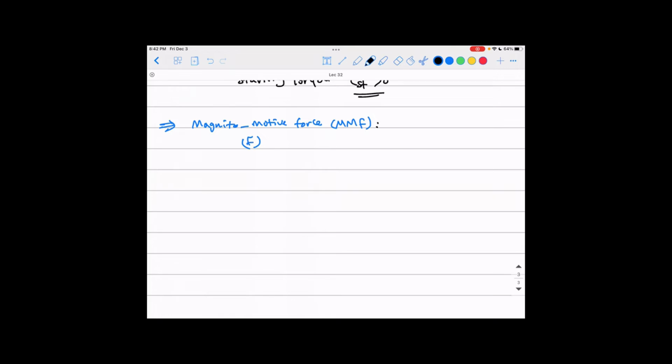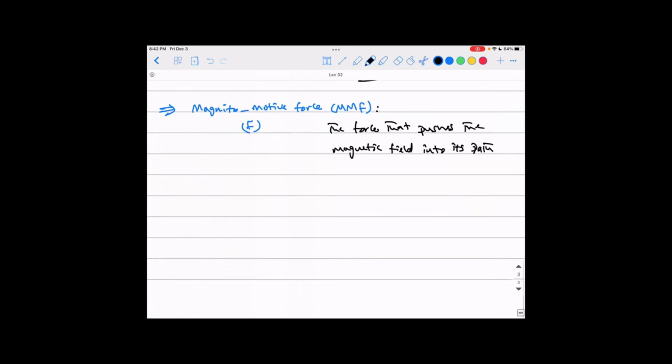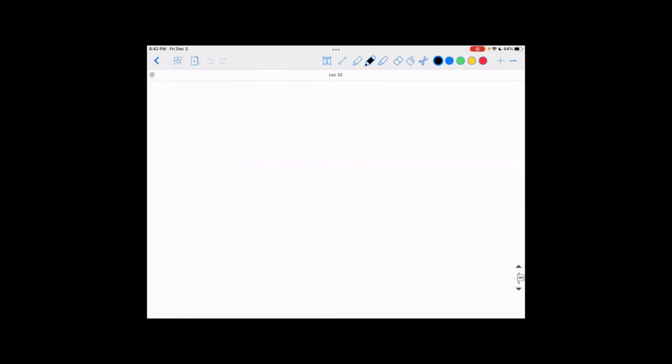It is just the force that pushes the magnetic field into its path. It is very analogous to the EMF, the electromotive force, which is the voltage difference in electric circuits. The voltage difference in electric circuits is the force that pushes the electric current to move into the wires. The magnetomotive force is the force that pushes the magnetic field to move in its path, inside your machine, for example.